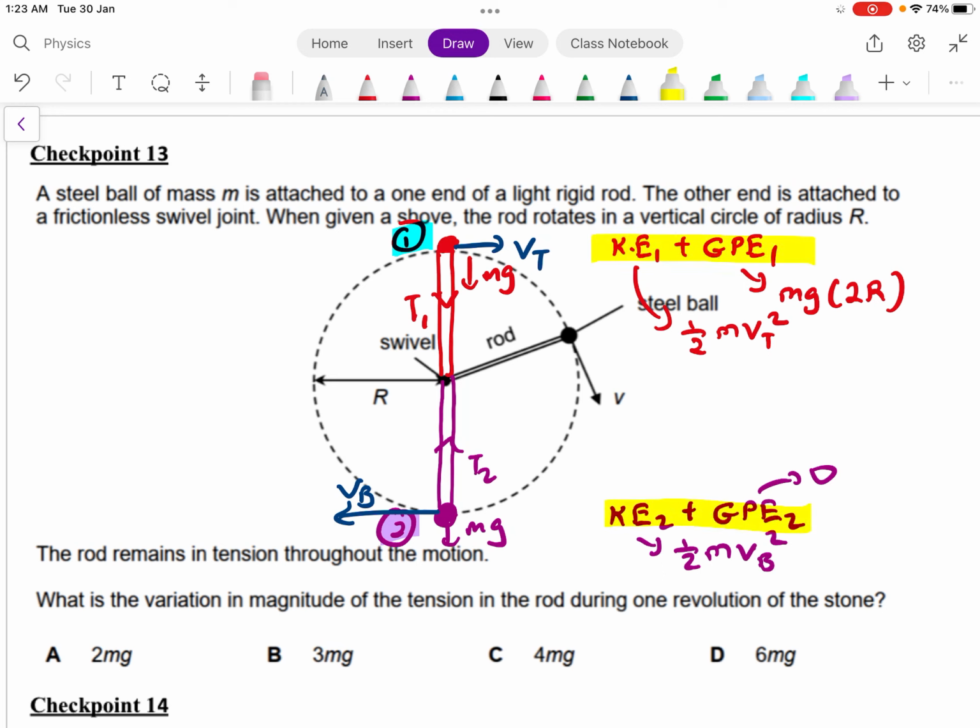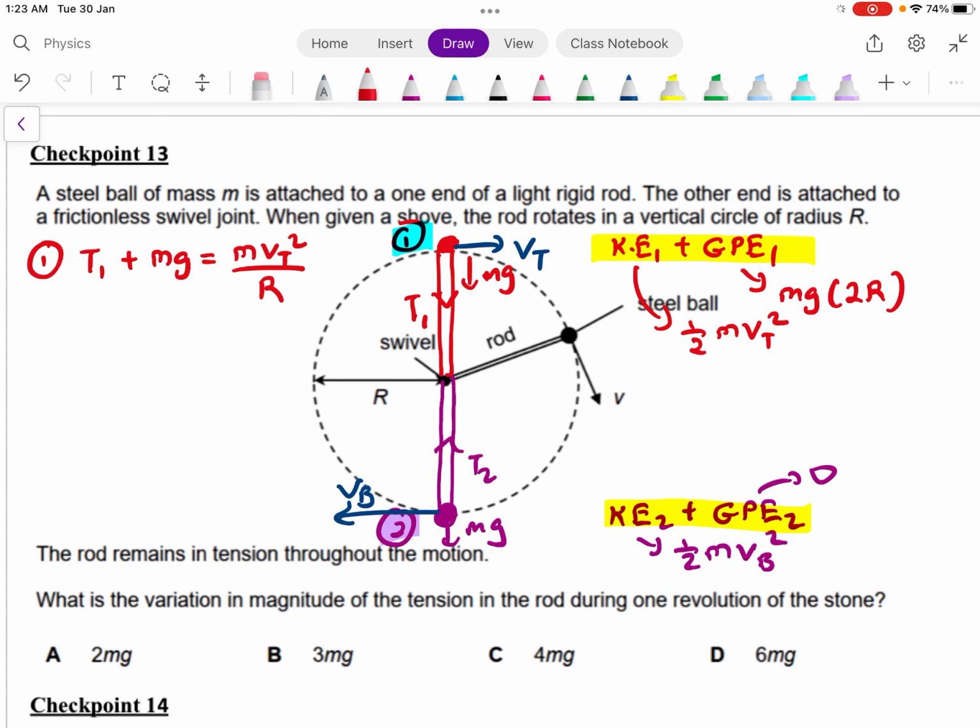The next step is to look at the centripetal force. Let's take a look at the top first. At the top, T1 plus mg gives the centripetal force of m vt square over r. I want to make it in terms of half m v square, so it's very similar.